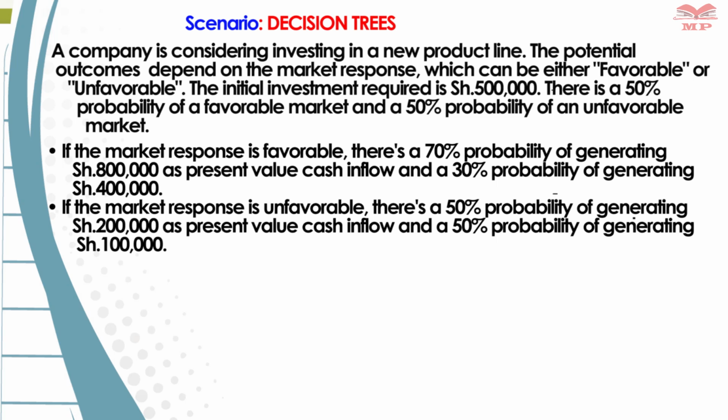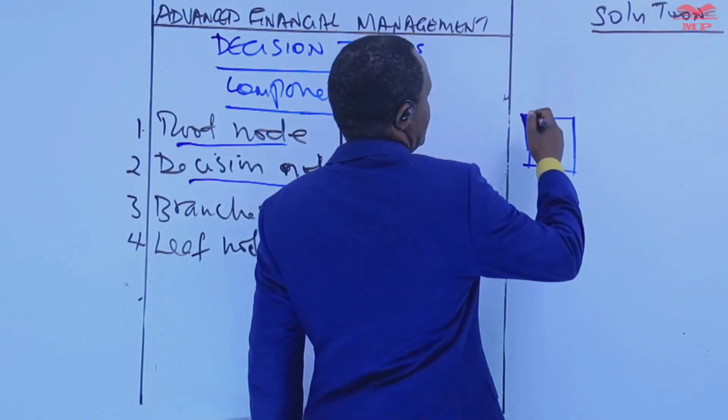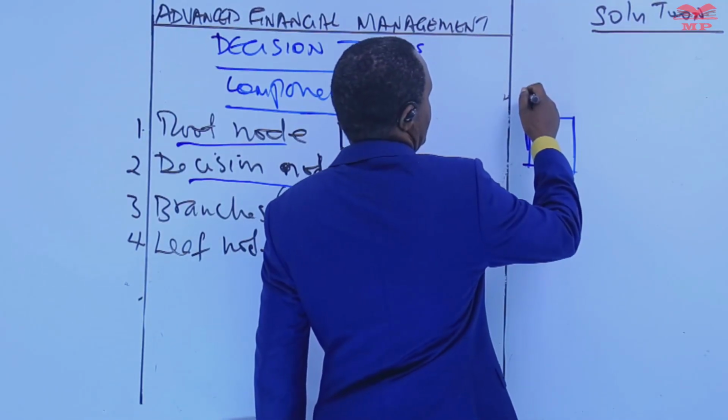So the root node represents the initial decision. What is the initial decision? The initial decision is the initial investment. And this is the initial investment of 500,000 mafarangas or shillings.